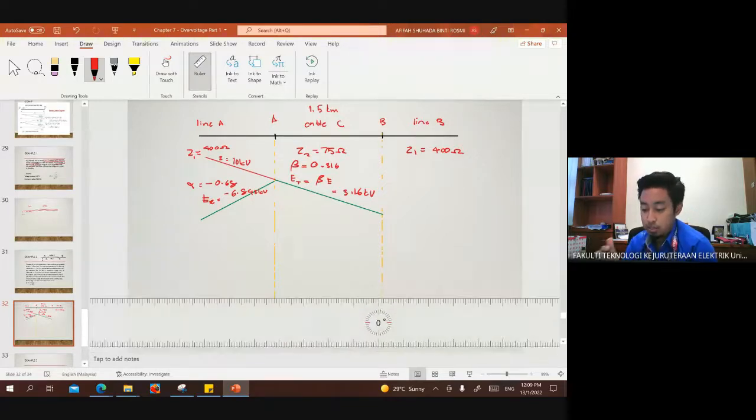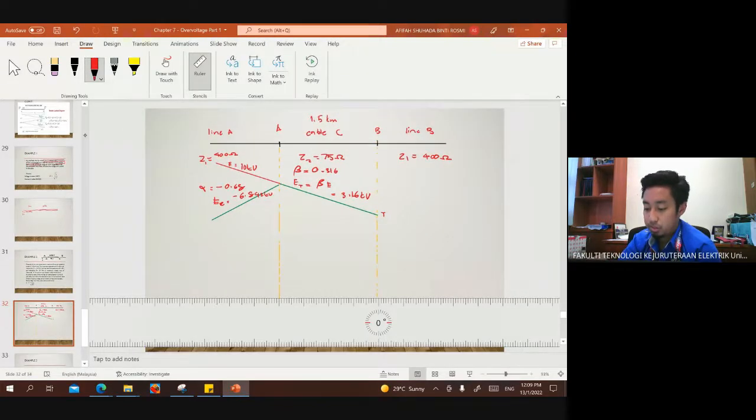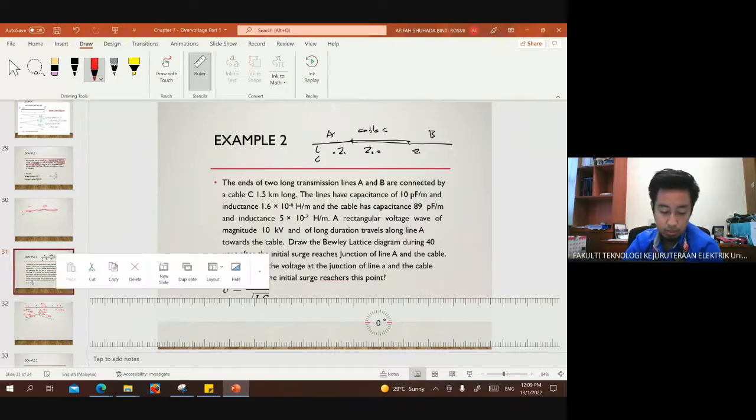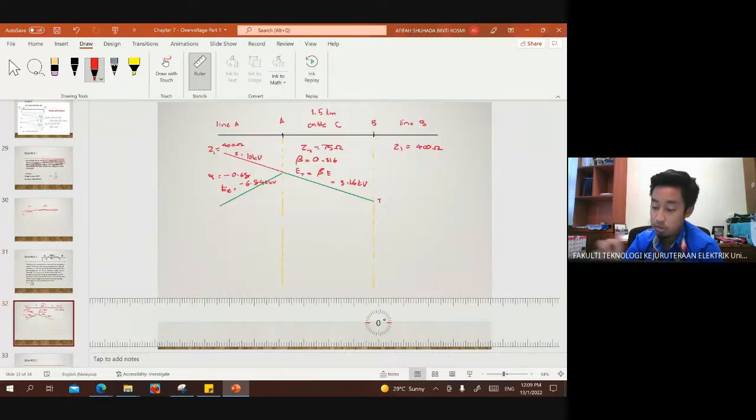So sekarang ni the value yang kita tak dapat lagi adalah nilai T dekat sini. Okay, the value of T here. So macam mana kita nak dapatkan nilai T? Okay, the main thing that you must know which is the value of velocity. V is equal 1 over square root LC. Okay.